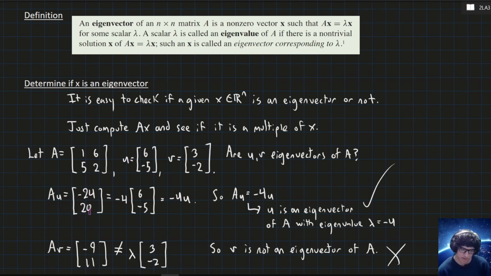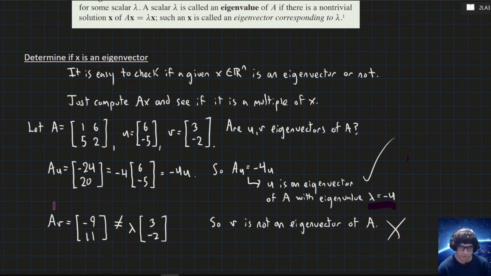If you inspect it, there is. u times -4 will equal Au. So we write it like this: -4 times u equals Au. In other words, Au equals -4u. And that means that u is an eigenvector of A, and the corresponding eigenvalue is -4.